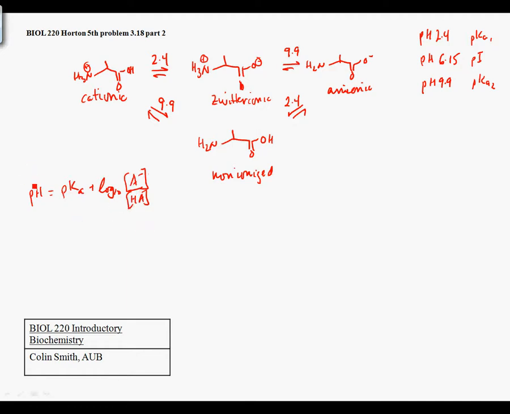So if we're interested, for example, at pH 2.4, in the concentration of this, it's going to be the product of the concentration of neutral amine and the concentration of neutral carboxylic acid.